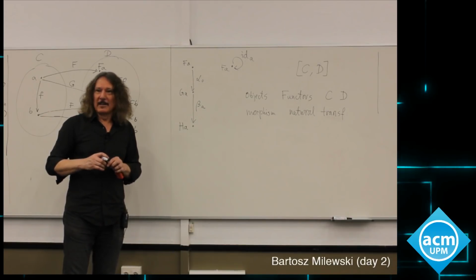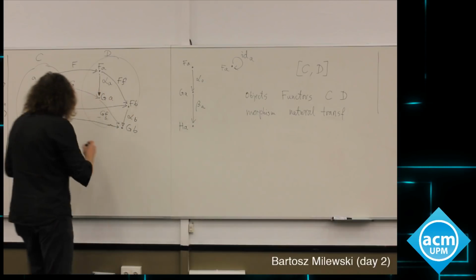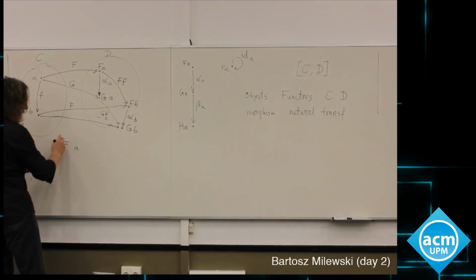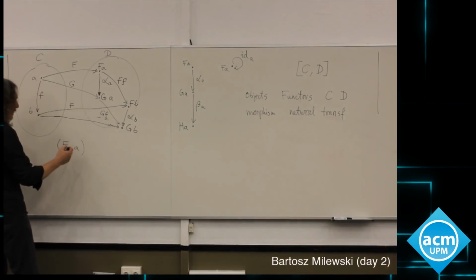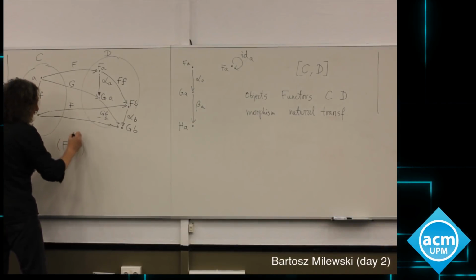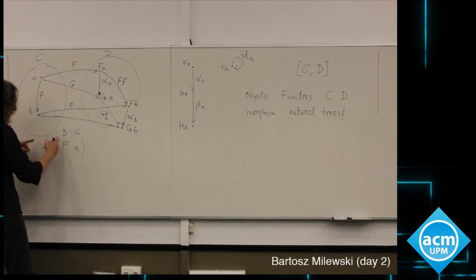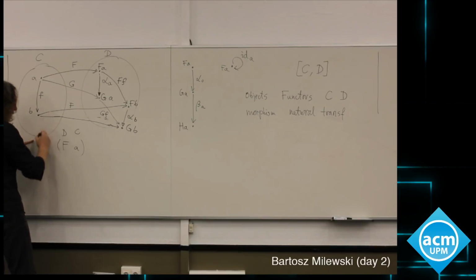If you have functor F acting on some object A in category C, FA is in category D, and if you have a functor from D to some E, then you can compose them.